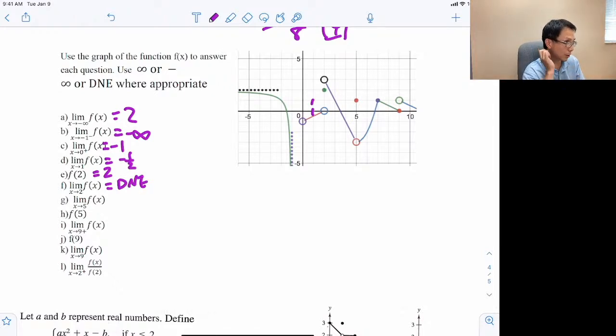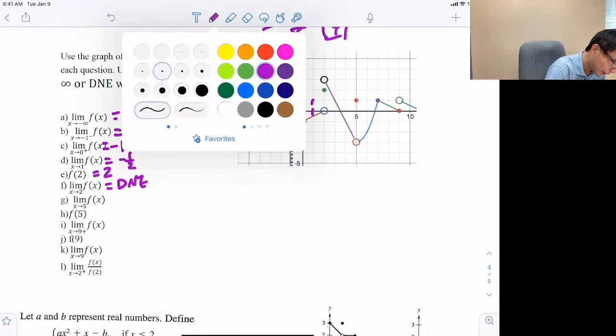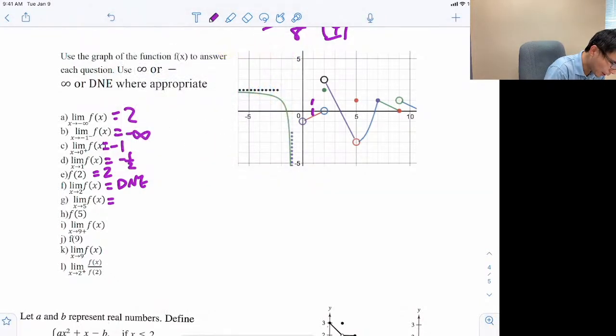Okay. Sydney, do you understand this part? This is the part where you put in infinity. If you have a question, you have to ask now. I understand. Are you sure? Yes. Okay, good. If you understand, can you tell me what the limit as x approaches 5 is?